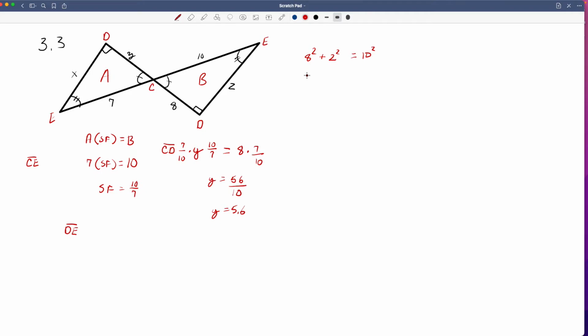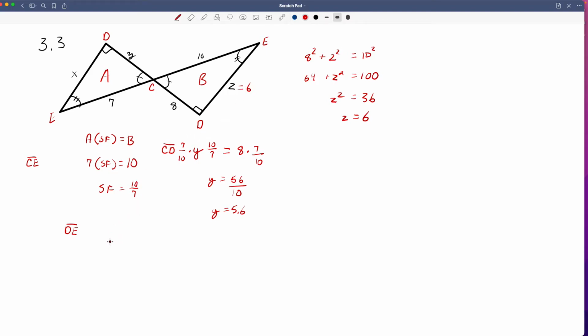So 8 squared is 64 plus Z squared, and that equals 100. Z squared is equal to 36. So when I unsquare both of those, Z is equal to 6. So now I can actually do DE because this equals 6.